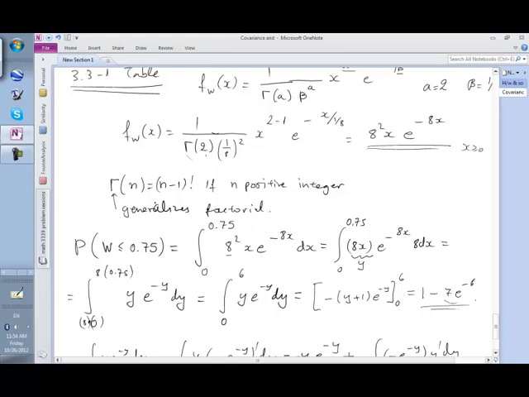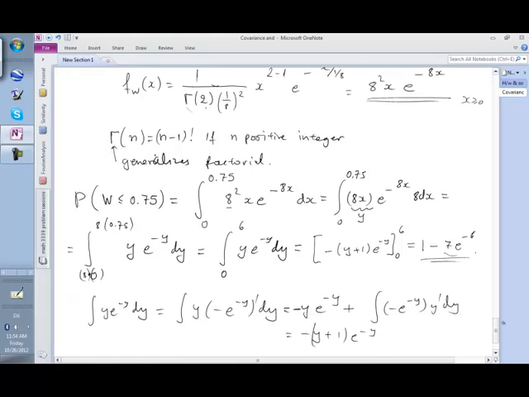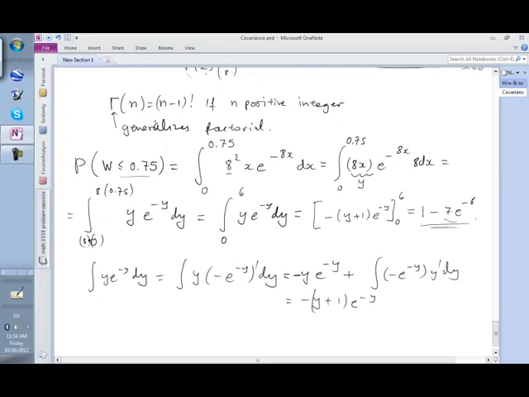So the mean will be 2/8, 1/4, which is 0.25. So if you want waiting time to be until 0.75, you wait quite longer than the mean, and therefore this tells you that the probability that you will have two particles arriving in waiting time which will not exceed 0.75 is quite significant. Well, with this, I'm just stopping here with this example.